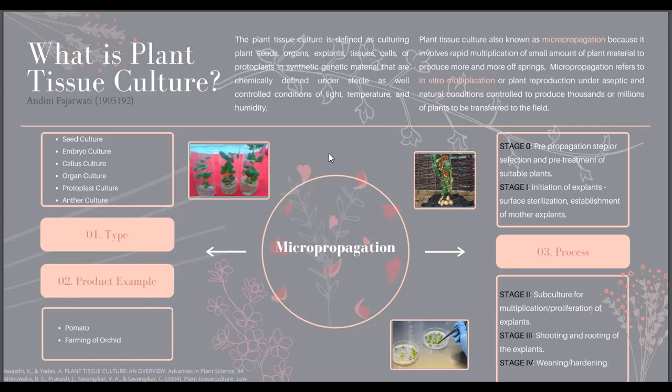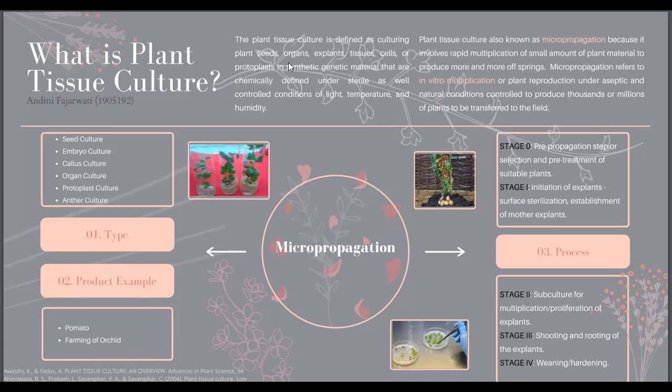Maybe I can answer the question of Aisyah first. Okay, so Aisyah's question is, is there any specific characteristic to do the micropropagation, or can we do it to all of the plants? Regarding the stages, there is stage 0, which is the screening of the plant.